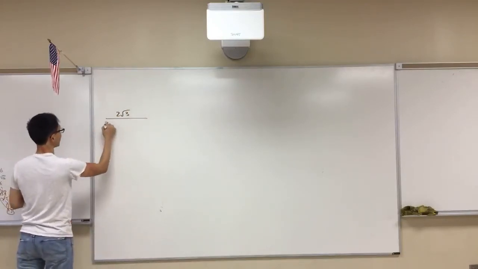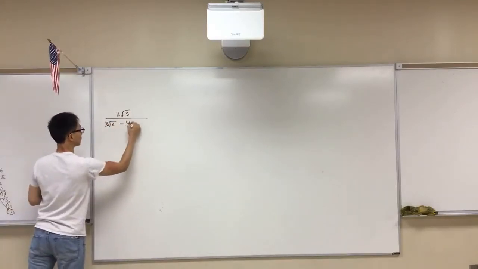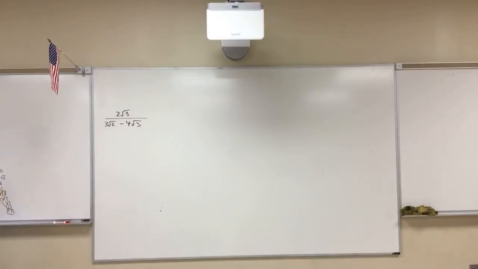It's 2 square root 3 over 3 square root 2 minus 4 square root 3. This one's hard to rationalize.